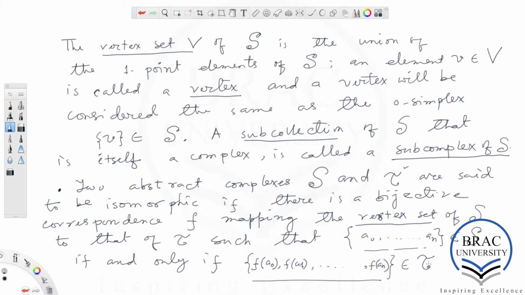Okay, so this is the notion of isomorphism between two abstract simplicial complexes.